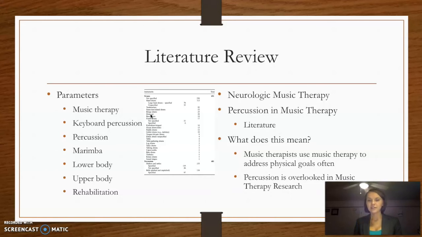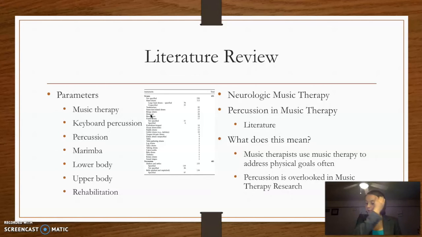And 76% of the articles that do tackle percussion in music therapy only use non-pitched percussion and membranophones, or drums with heads. Very few articles discuss pitched percussion specifically, and practices in music therapy seem to leave out a large portion of instruments that provide the same immediate response as drums, but with different timbres and potential benefits.